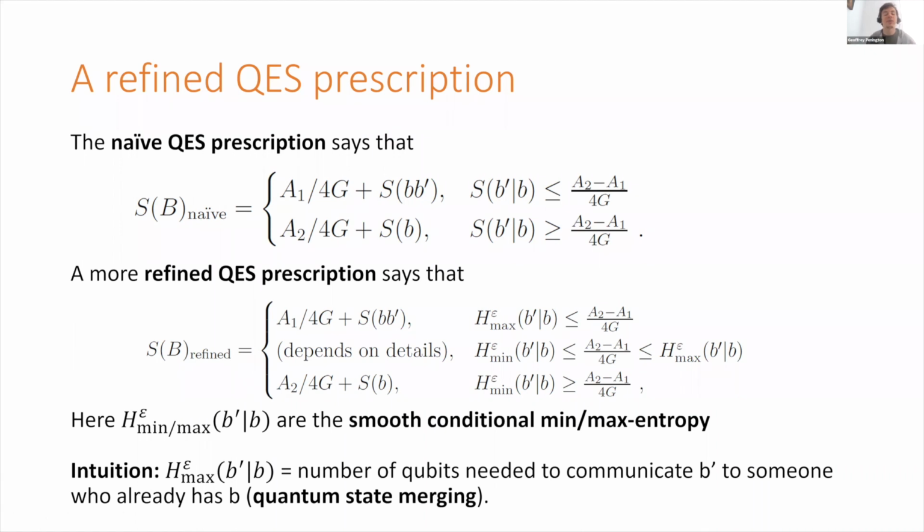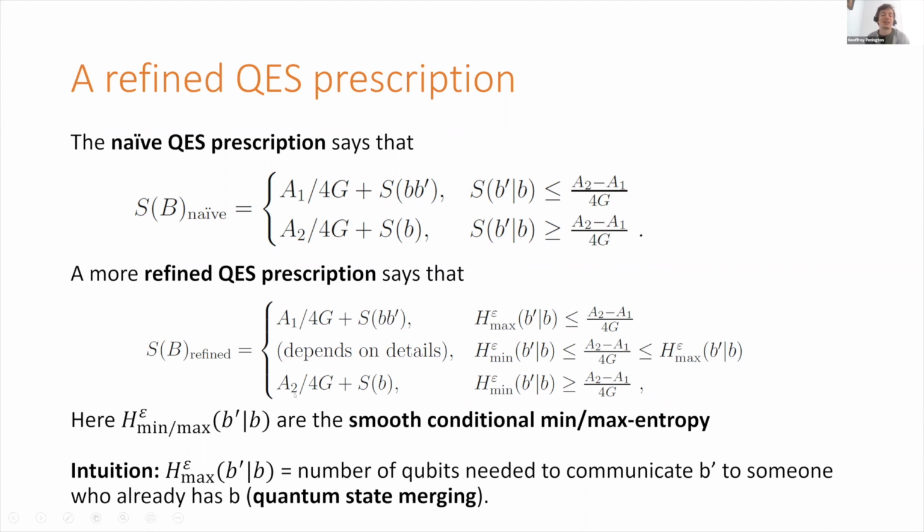So just to give you a bit of intuition for why this is the right thing to be showing up, we'll see later on in the talk that in a particular sense, this conditional smooth max entropy is the number of qubits needed to explain the state on little b prime, or to communicate it to someone who already knows the state on little b.